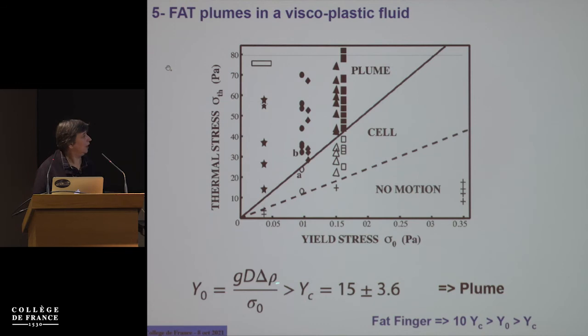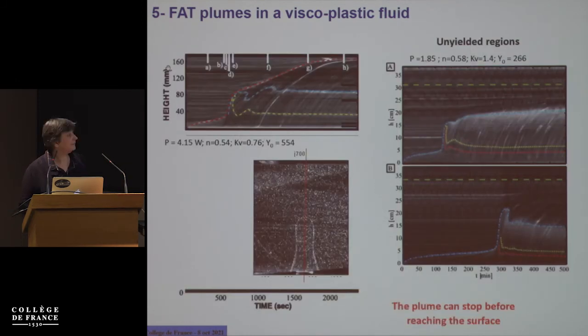So in fact, to develop a plume, you have to have your density anomaly of thermal origin that is bigger, much bigger than the yield stress. So it gives you a first criterion. And so you're going to develop fat fingers in a certain range of parameters of this Y0 parameter.